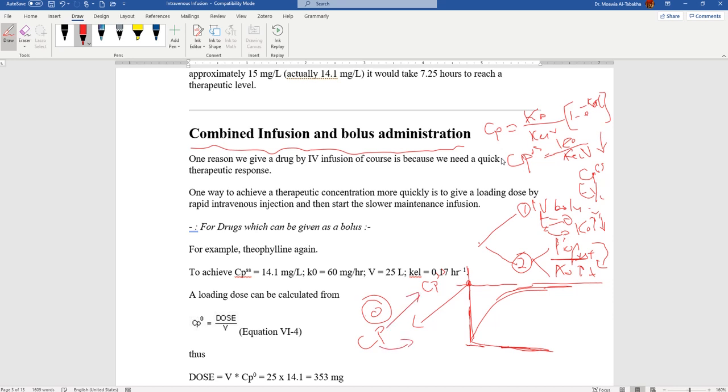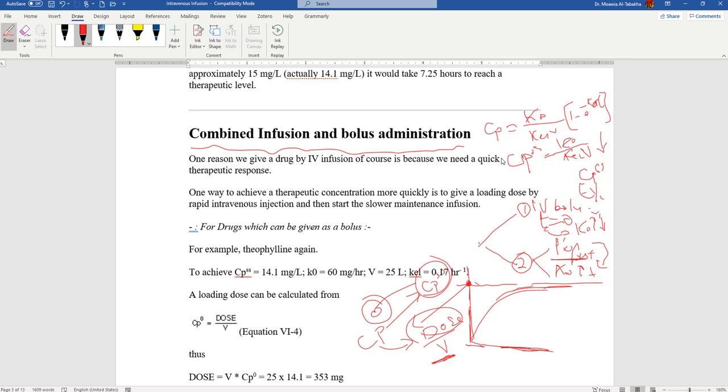But what is CP0? It's equal to dose divided by V. So if I know my volume of distribution and I know the required concentration CP0, then I'll be able to calculate the dose. So if I give an injection at time 0, I will reach this concentration.